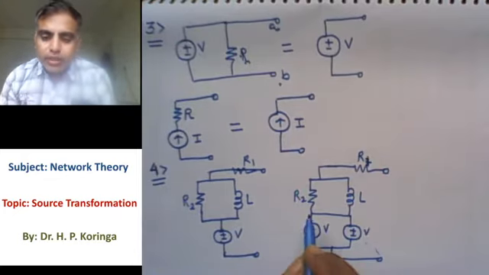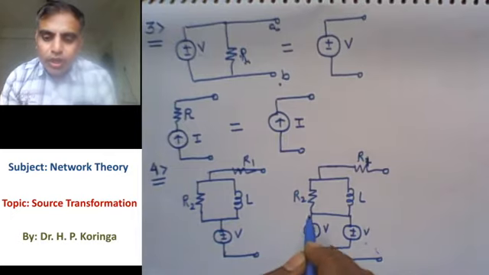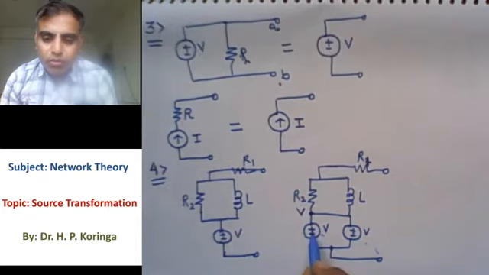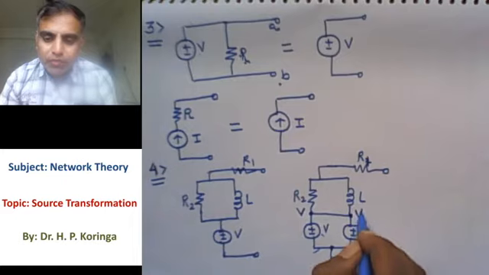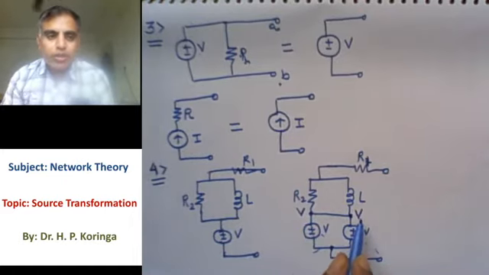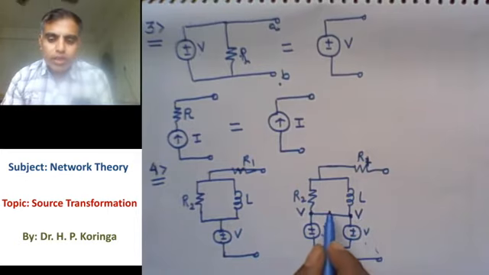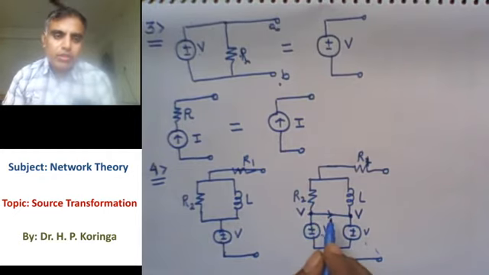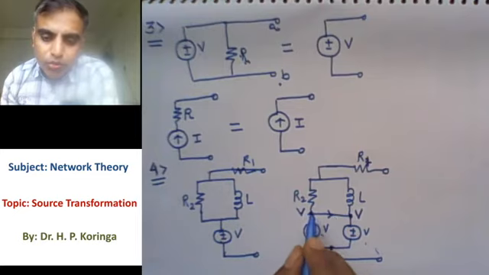Now we can see with respect to this node, here the voltage is V, because the voltage source value is V. With respect to this node, here also the voltage is V. So I have the same voltage at two different nodes. So what is the current in this branch? Current is 0, because V minus V divided by the resistance of this interconnect is 0. So the current in this branch is 0.